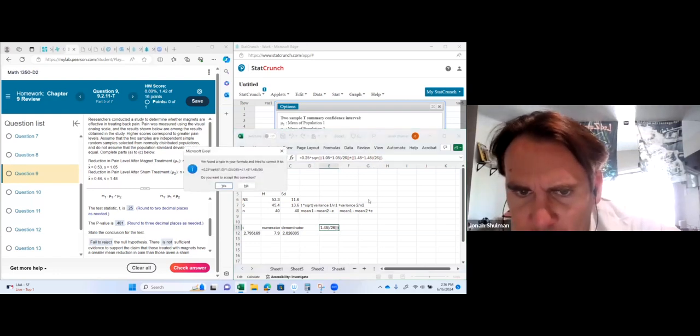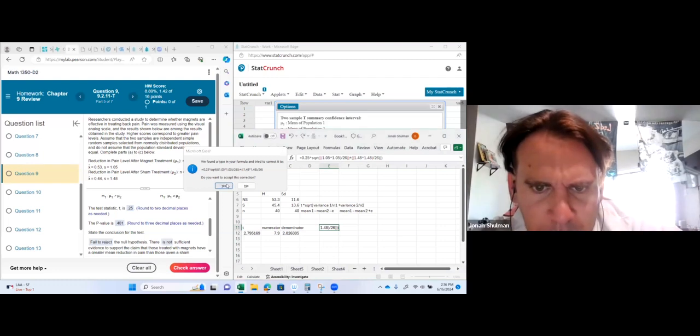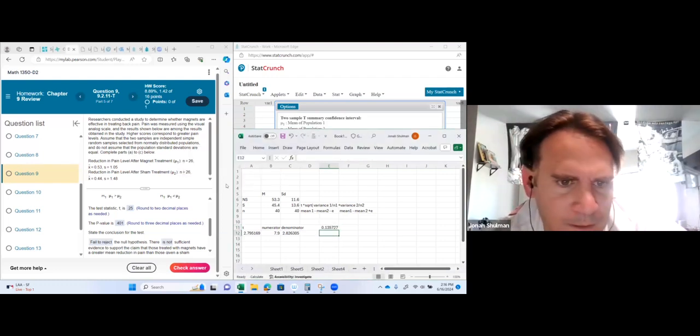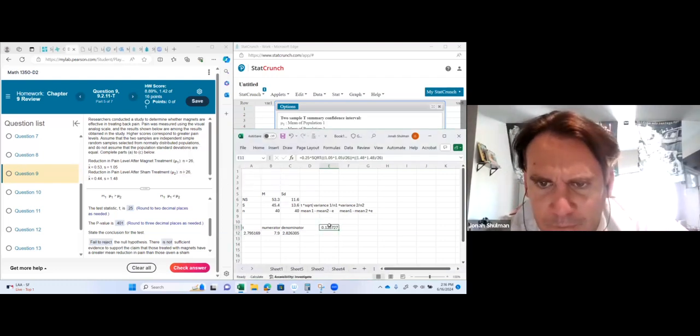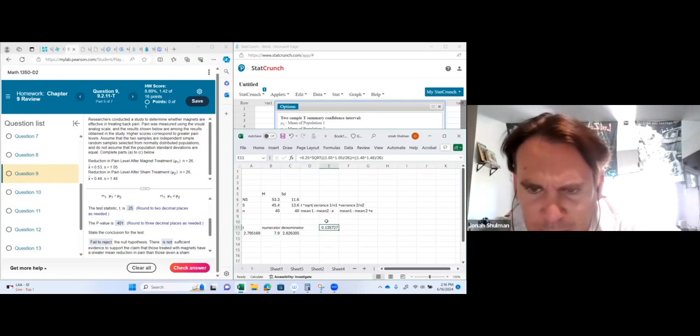I think I got it wrong. Yeah, correct it for me. All right, cool. So this is my error. And all I have to do is take the two means and subtract them, then subtract the error.